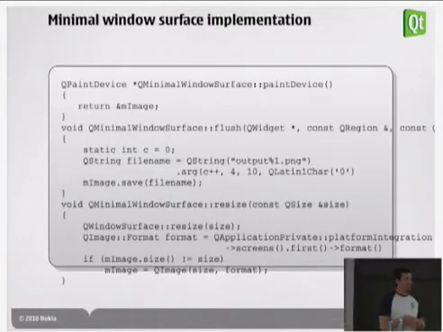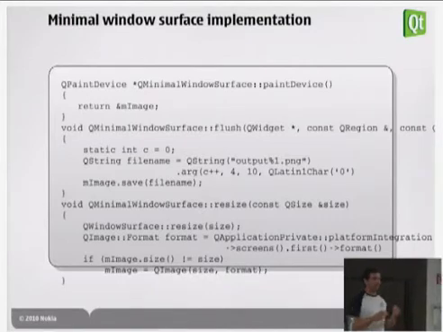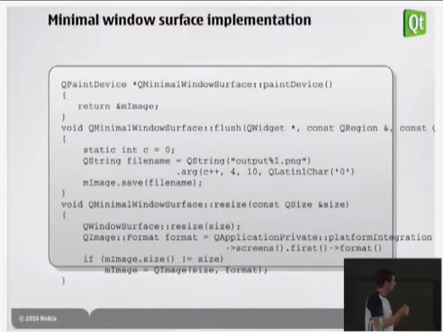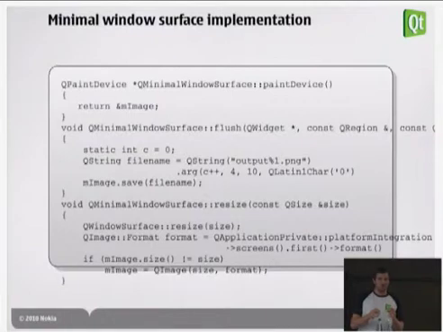This is the implementation from our minimal plugin, and this is more or less the entire plugin, right? So we create an image for our window surface. And when Qt GUI asks for the window surface of a widget, it returns the image, and everything is rendered into this image.